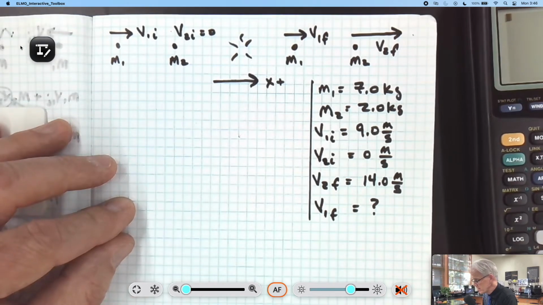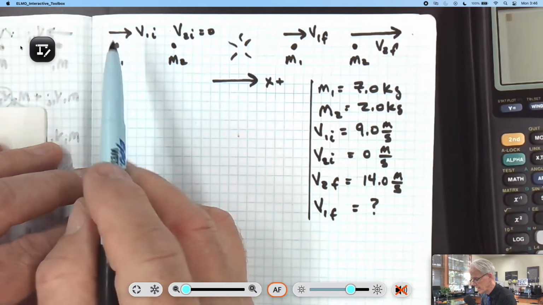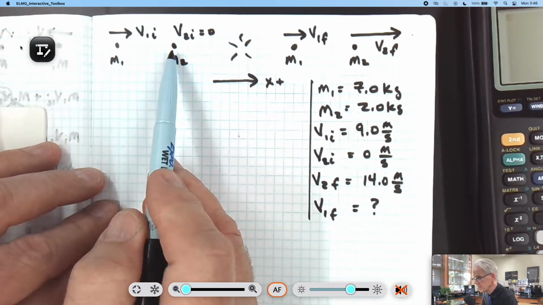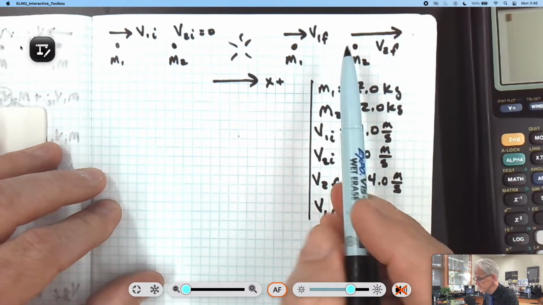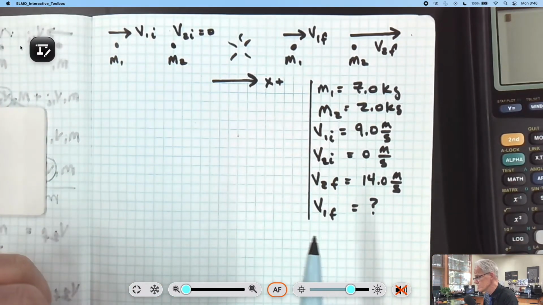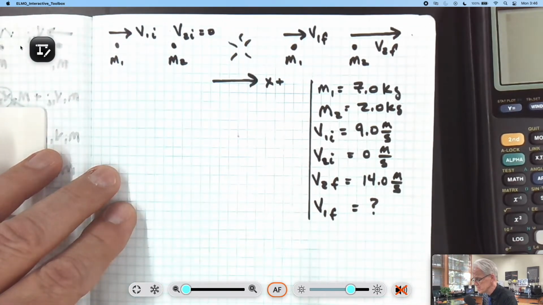Now let's write out our equation for the conservation of momentum. We're going to add the momentum of the first object to the second object, and that should equal the momentum of the first object and the second object after the collision. We're saying that this is an isolated system.